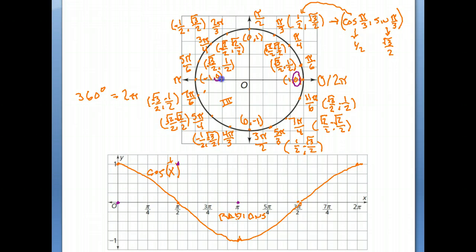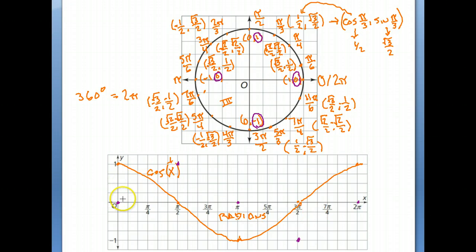Continuing on, so there was the coordinate I just plotted, and here's the one I plotted earlier. Now going around down to 3 pi over 2, I have -1. That's where it bottoms out or gets to be the least, at 3 pi over 2, so I'm going to put a point down there. And then again, it starts to increase, and eventually the y coordinate gets back to 0 when I'm at 2 pi.